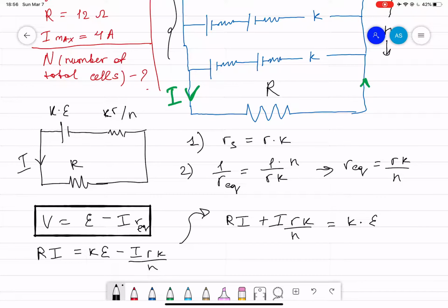So we can say that I is equal to K times EMF divided by R plus rK over N.